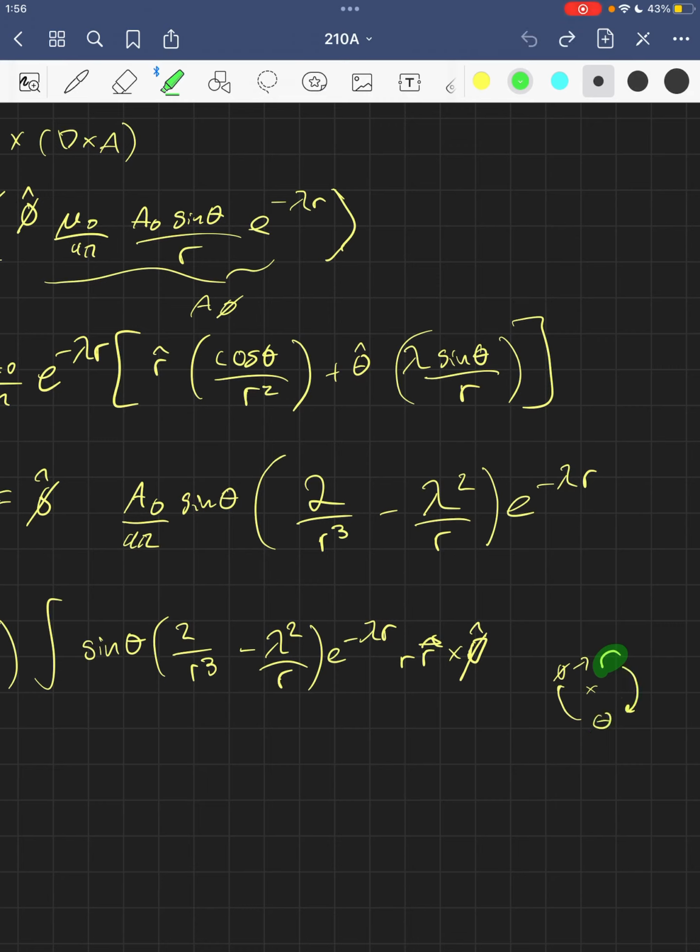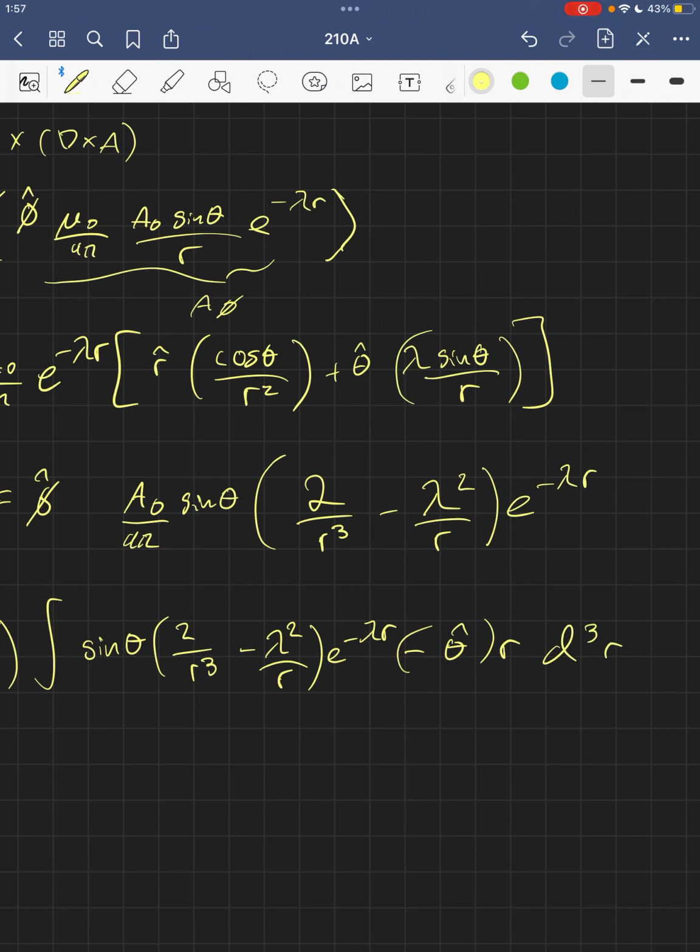That's how we read that. So r, if you go against the arrow, you get a negative sign out. R crossed with phi equals negative theta. Okay, so we get a negative theta term. I'll just rewrite it here as negative theta hat r, d cubed r.